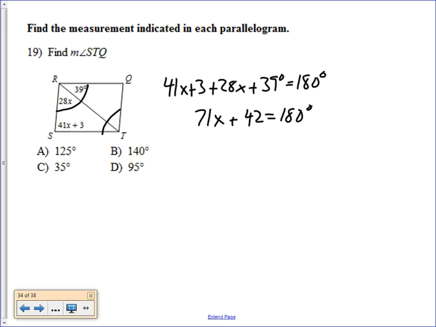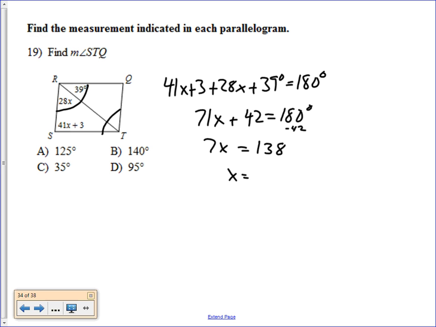Somebody with a calculator, please help me out here. 180 minus 42, if I subtracted 42 from both sides, I believe that would give me, what, 138?